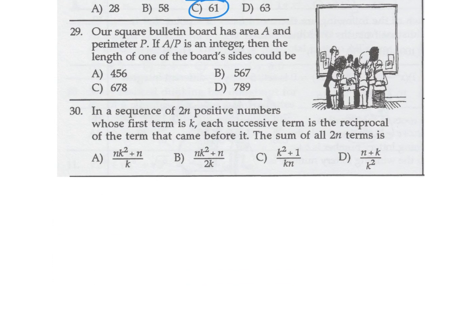Our square bulletin board has an area A and a perimeter P. If A over P is an integer, then the length of one of the board sides could be. Square board, okay? I don't know the side, so I'm going to call it X. So the area is X squared, and the perimeter is 4X.